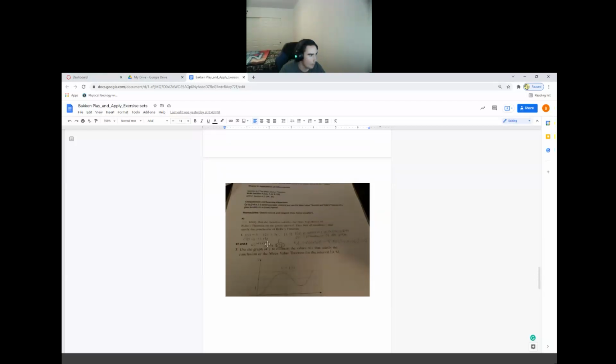All right, so I did number 72 for my apply. It's talking about a space shuttle that was launched and the different stages it goes through: time in seconds, and then the velocity after that time in feet per second.